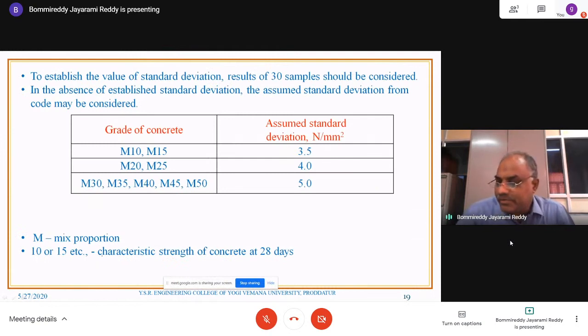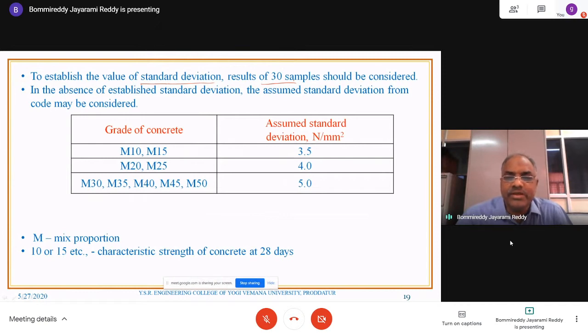Normally, for establishing the standard deviation, because the limit state method of design is a statistical analysis and probabilistic approach, a minimum of 30 samples should be considered.